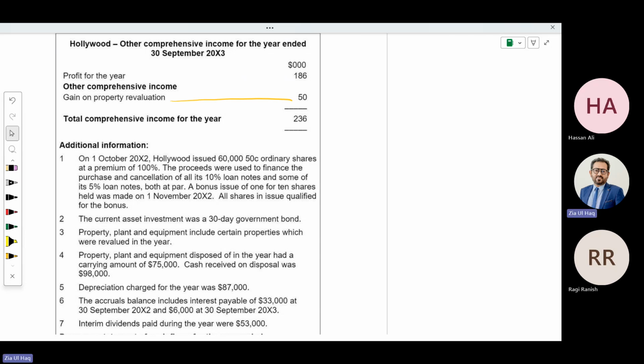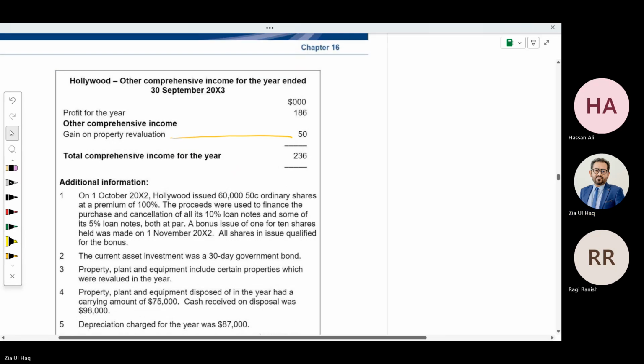On 1st October 20x2, Hollywood issued 60,000 50-cent ordinary shares at a premium of 100%. That means a share issue. So we'll put working one.